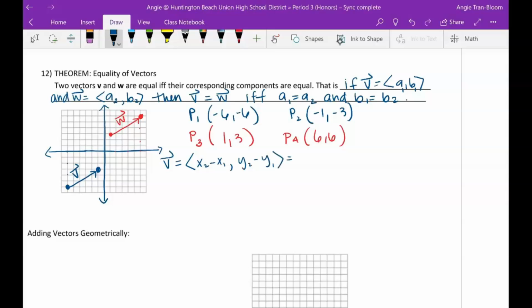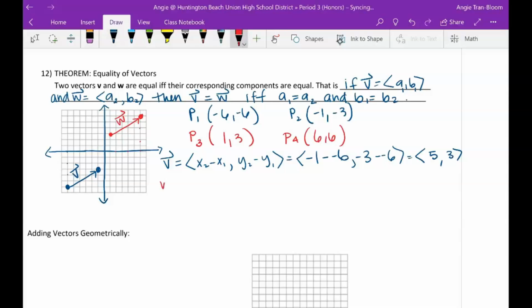So that will give me -1 minus a -6 comma -3 minus a -6. Two negatives make a positive. So that's really now -1 plus 6, which is 5, and -3 plus 6, that's going to be 3. So that's the component form of vector V.